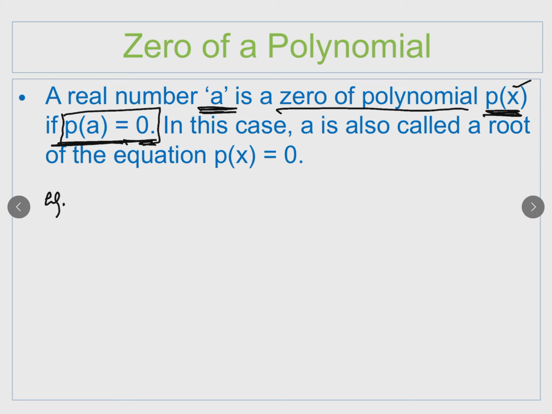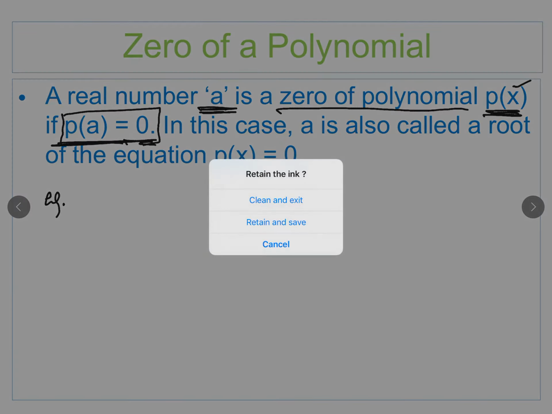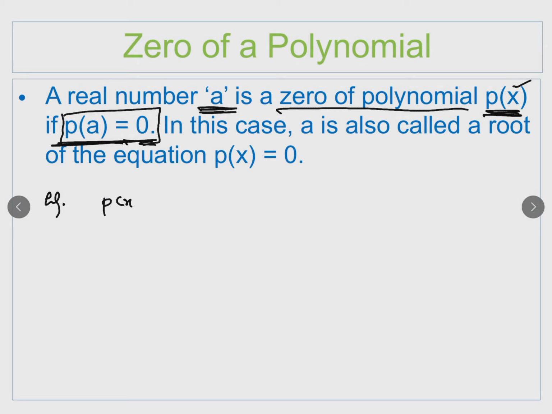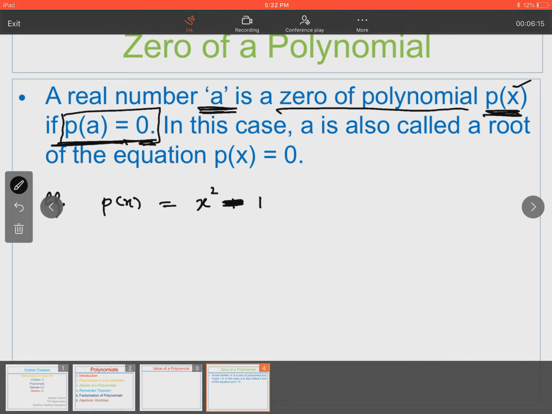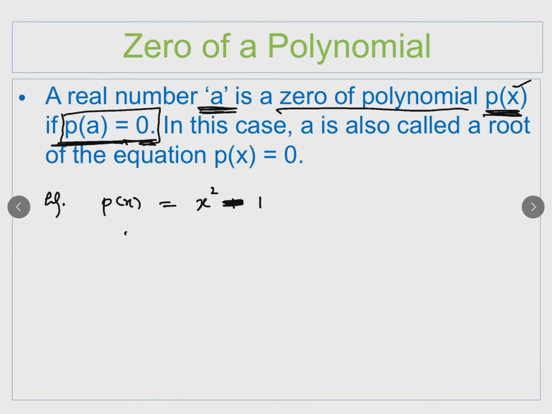Suppose we have a polynomial p(x) equals x square minus 1, and we are given one value of x, let's say x equals 1.